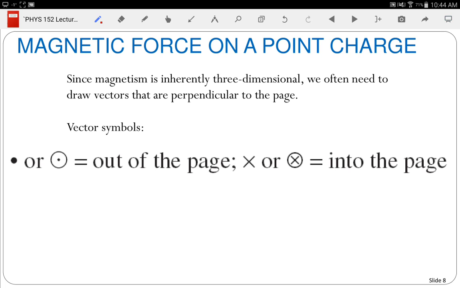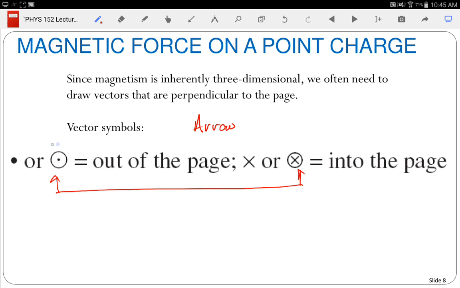First, just notation. In many cases, we are going to have a situation where I'm going to say the magnetic field is going into my paper or out of my paper. And so we use these symbols to indicate in or out. And the theory behind them is it's an arrow.